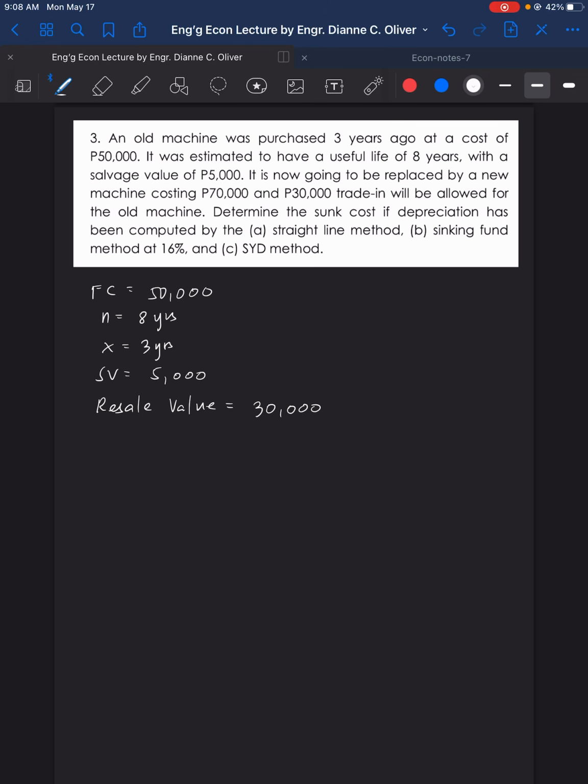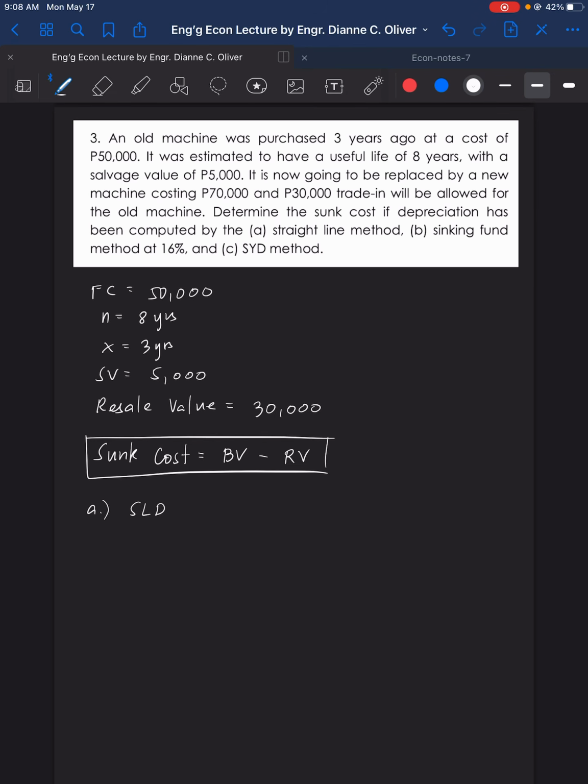And then, okay, so we will use the 3 methods to determine the sunk cost. Now for the formula of the sunk cost, that is equal to the book value minus the resale value. So first one here is the straight line method. So SLD, straight line depreciation method.